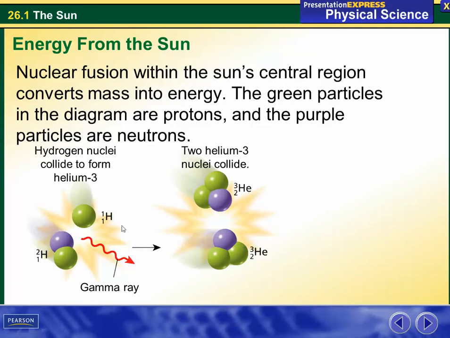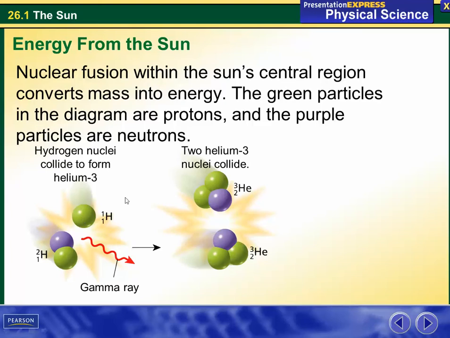And the reason why this releases energy is that the two hydrogen atoms here have more energy than these two heliums. If nuclear fusion was not going on, if there were just hydrogen atoms floating around and helium atoms floating around, the hydrogen atoms contain more energy.